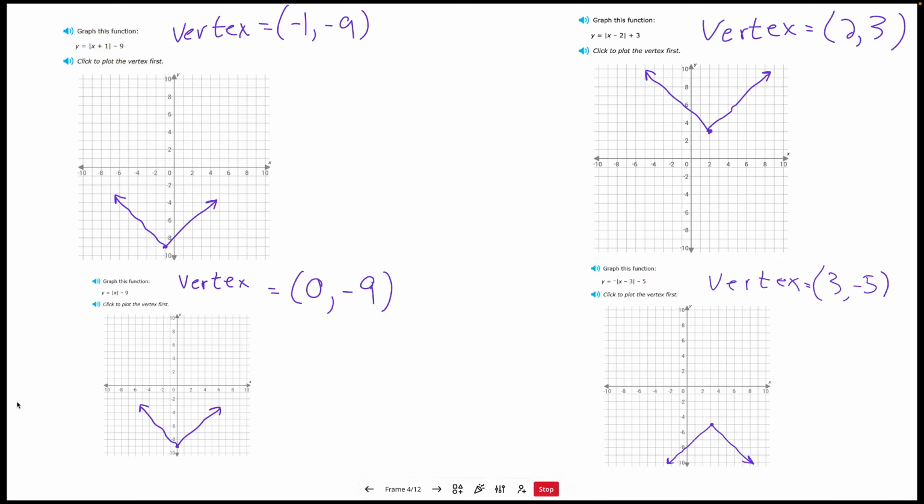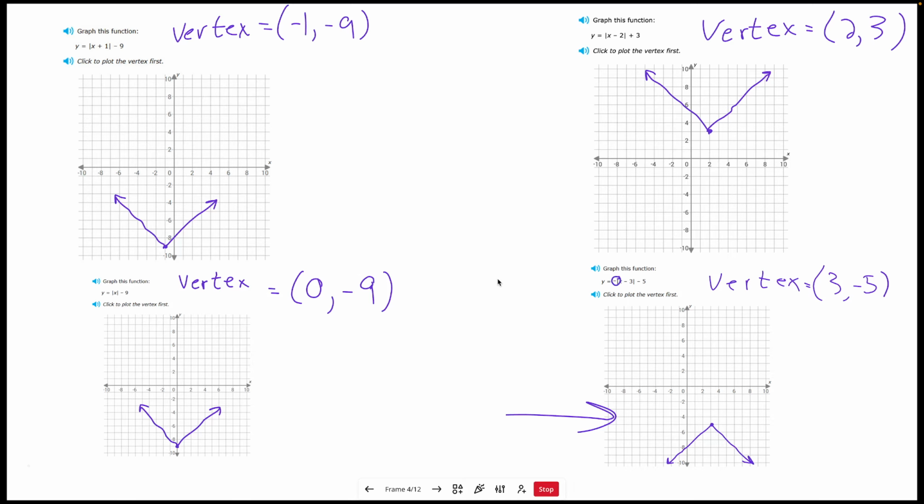Okay, now that you've had time to think about this, let's talk about a few things. Number one is that there's only one graph here where it has been flipped over. And the reason is because there is a negative sign in front of the absolute value symbols.